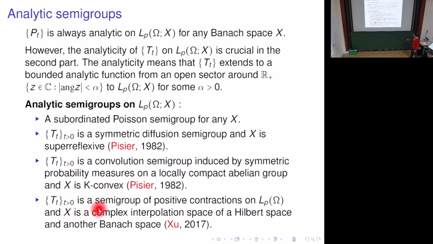So T_t is an analytic semigroup of positive contractions on L^p, and X is a complex interpolation space of a Hilbert space and another Banach space. This is the so-called sector Hilbertian space, defined by Bourgain. This is also quite a big family of Banach spaces. In this case, the extension is also analytic.